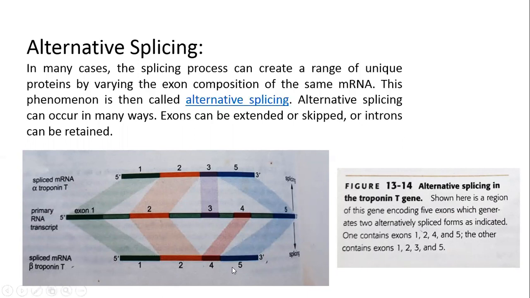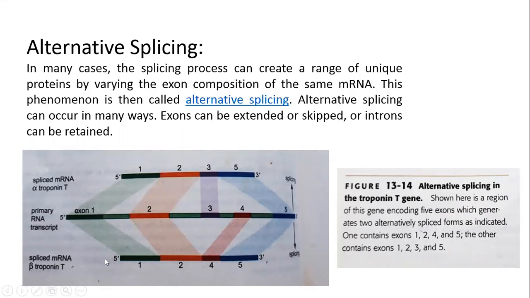In normal splicing, exon 1 joins with exon 2, and exon 2 joins with exon 3. But in alternative splicing, exon 3 can join with exon 5 instead of exon 4.